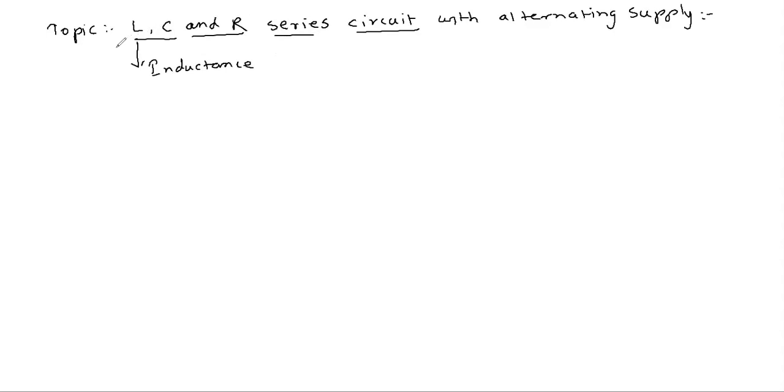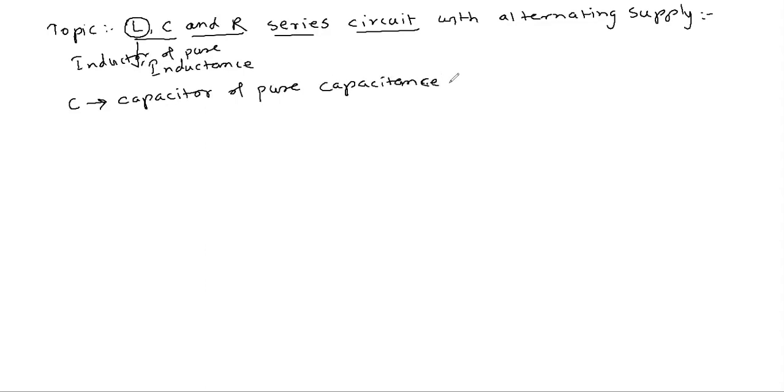L is an inductor of pure inductance, C is a capacitor of pure capacitance, and R is a resistor of pure resistance.